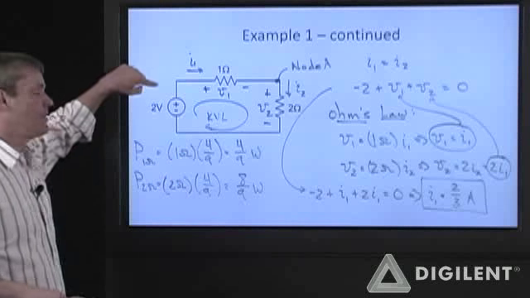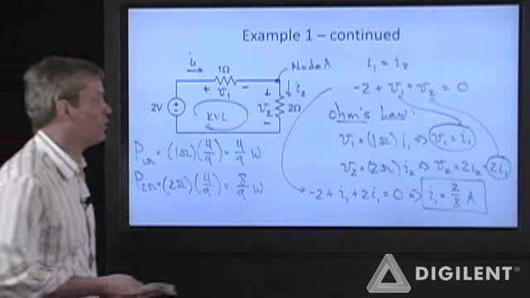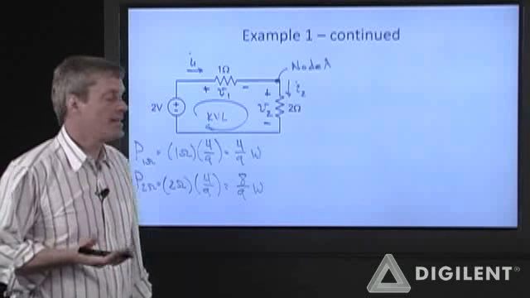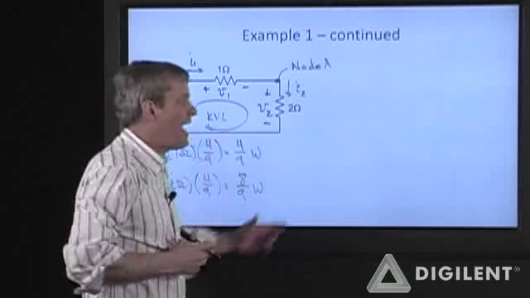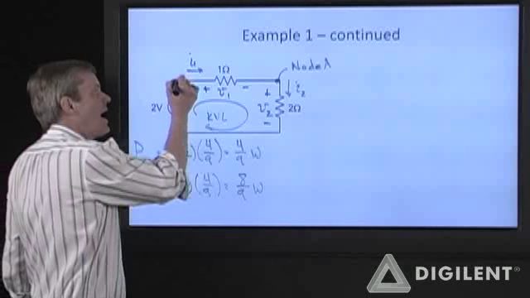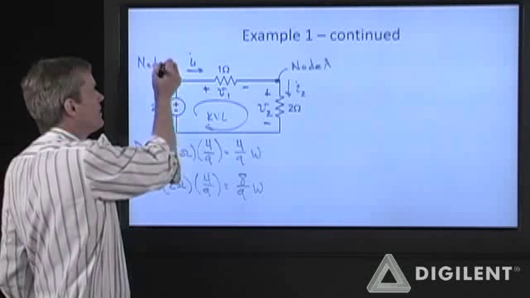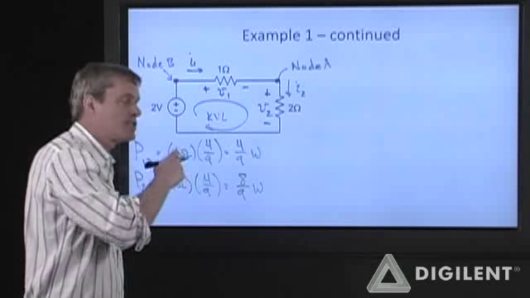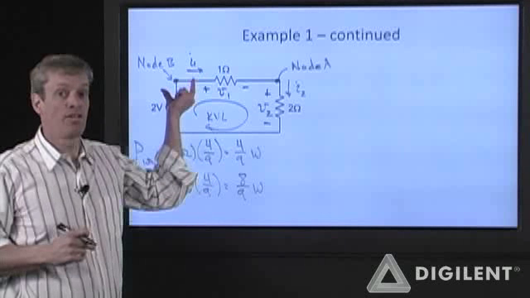Now I need to determine the power dissipated or generated by this 2-volt source. At this point I want to make a point of something. I did KCL here at node A. That ultimately ended up giving me 4 equations and 4 unknowns. I can apply KCL up here, except up until I've solved for these unknowns, it doesn't do me any good.